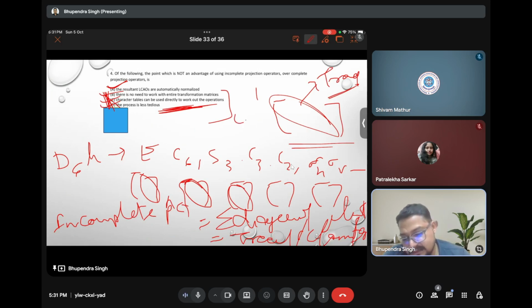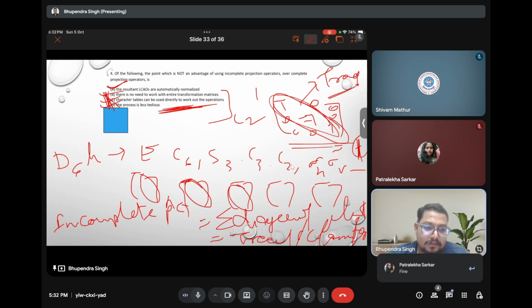Let's say this is the C2 transformation matrix, 1 minus 1 1 0 0 0 0 0 0. If you add all of them, this is minus, so what you get is minus plus 1. Fine. Is it okay? Fine. Okay.